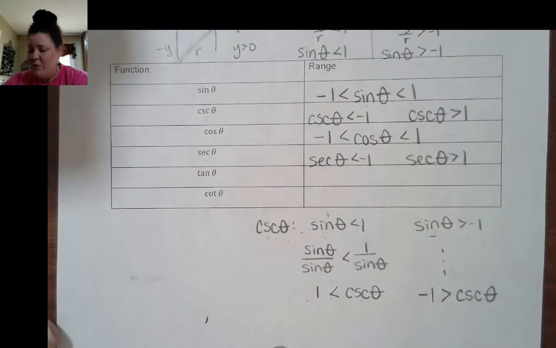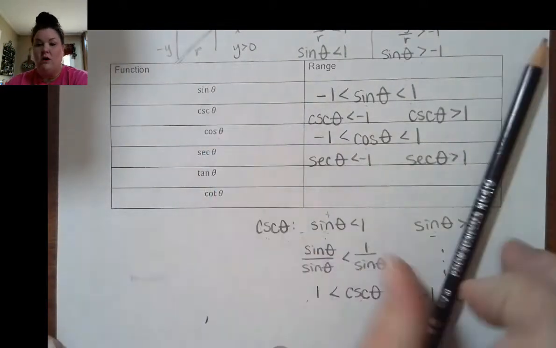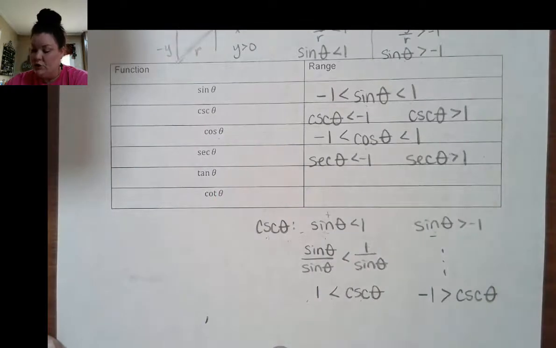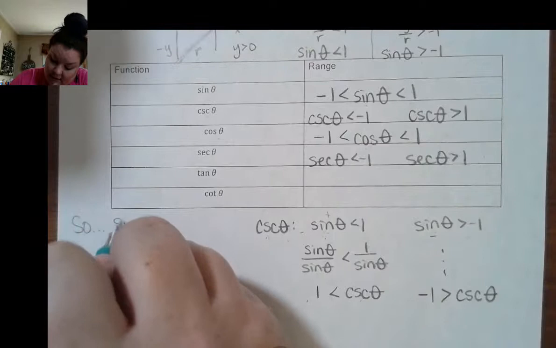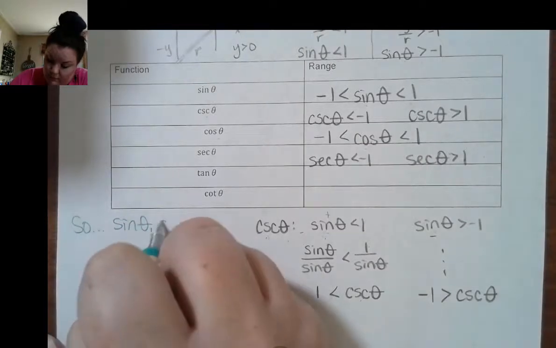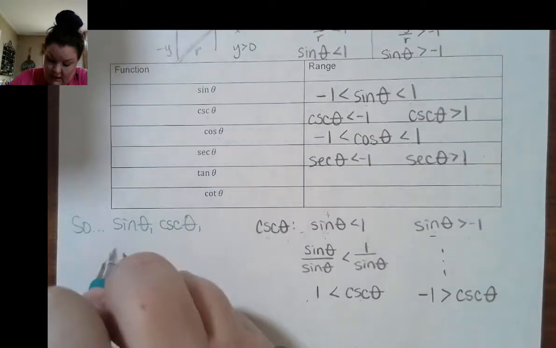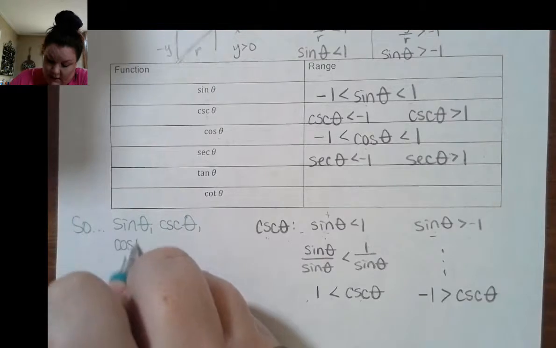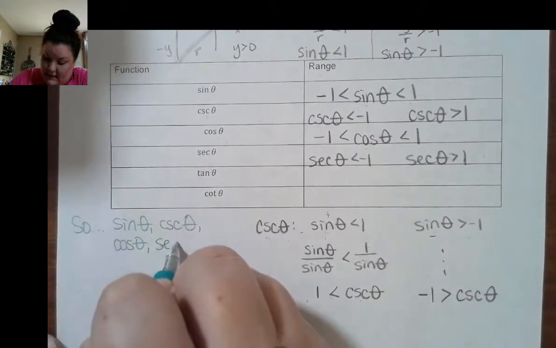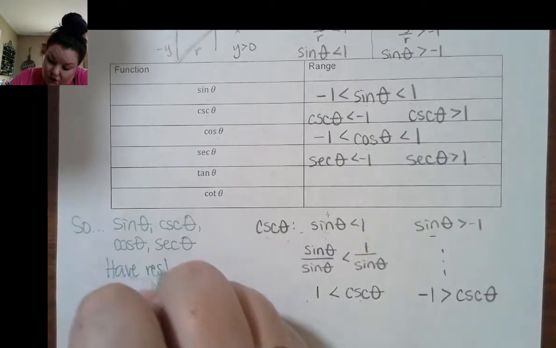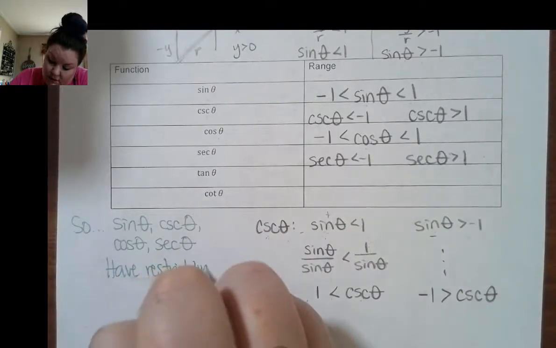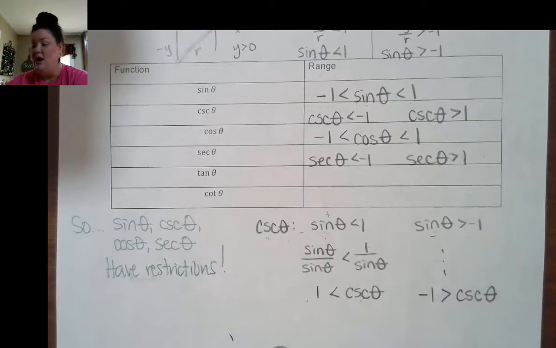So what that's telling me is that all of these first 4 trig functions, sine theta, cosecant theta, cosine theta, and secant theta, have restrictions, okay? Or they cannot just go unbounded, right?